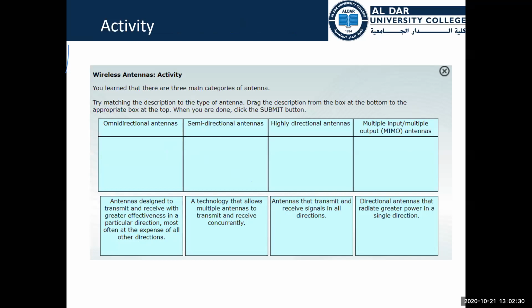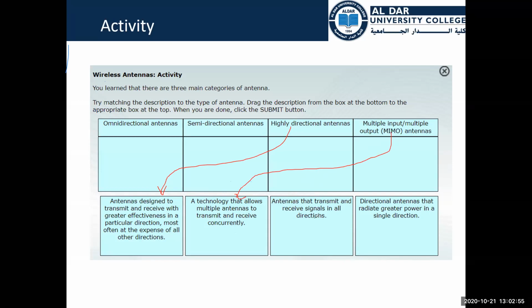This is highly directional, right? What about this one? Technology that allows multiple antennas to transmit and receive concurrently. Multiple input. Yes, this is MIMO. Multiple input, multiple output.